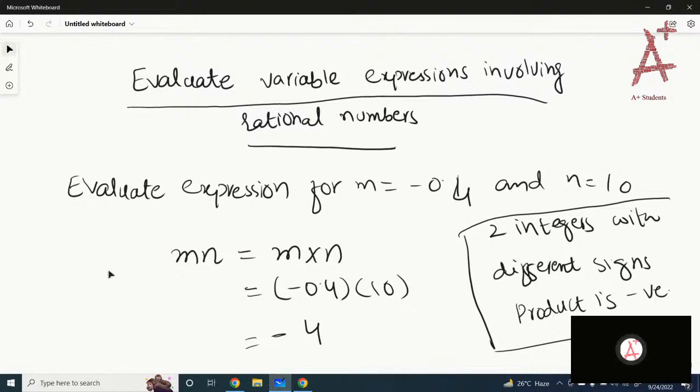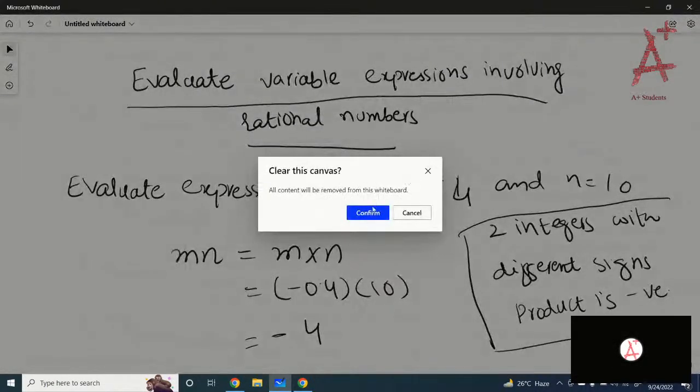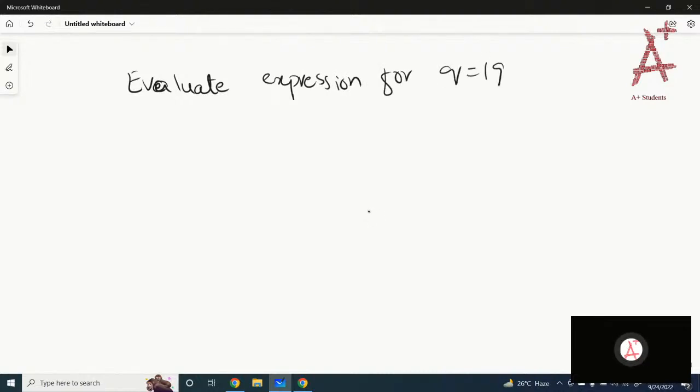Okay, the next one is evaluate the expression for q equals 19 and the expression is q plus 8 over 3.